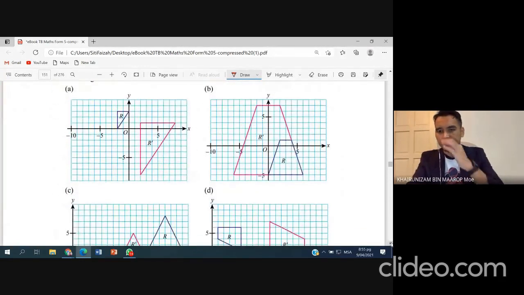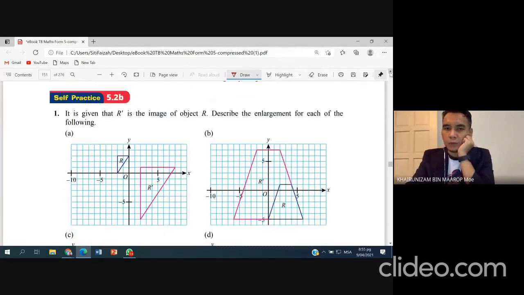Okay, this one we can try. It is given that R prime, dia sudah bagi R prime is the image. So maksudnya ini adalah image. Okay, yang merah tu image. So describe the enlargement of each following. Describe the enlargement means you need to find the scale factor.